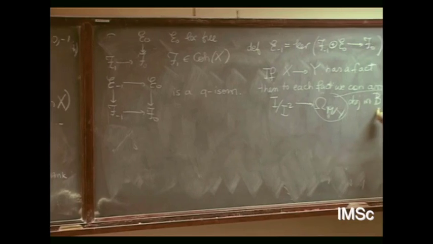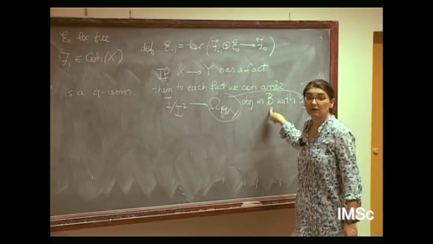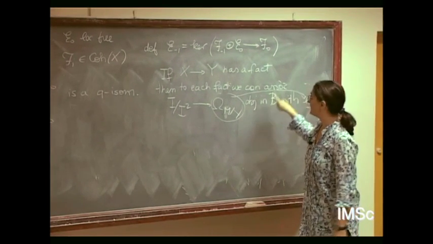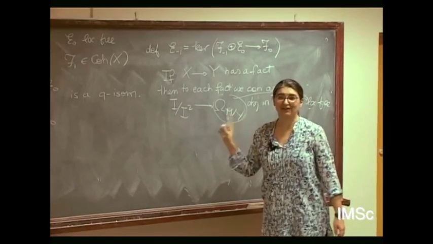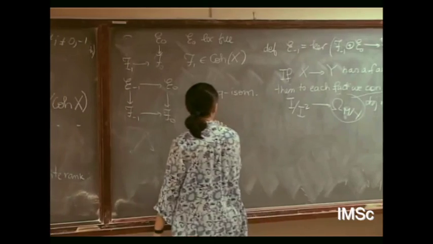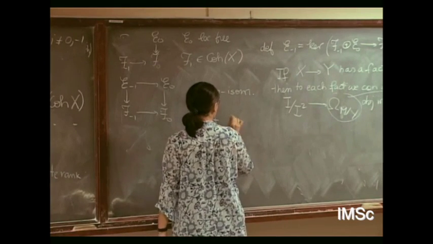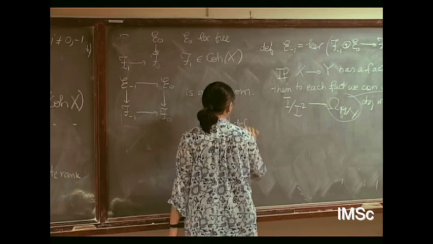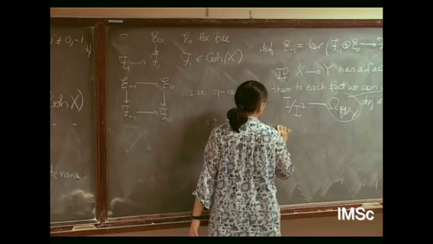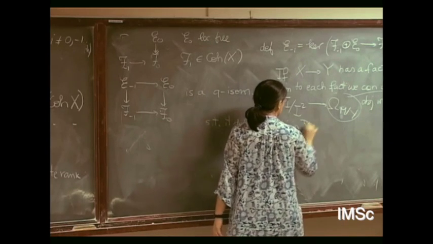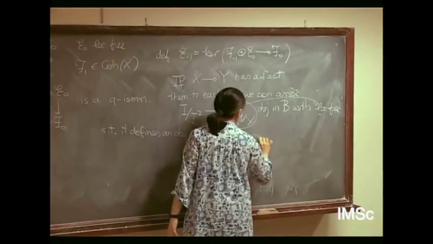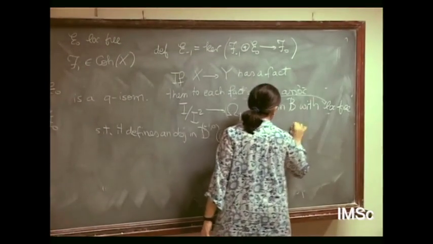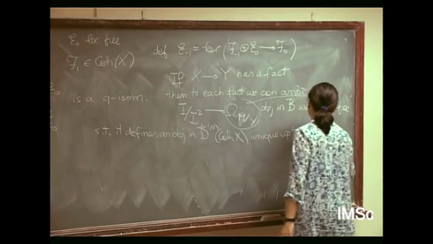So to each factorization, we associate an object in B. Why is it independent of the factorization? In B itself? No, I said in B. And then what I just said and didn't write is that it defines an object in D minus 1, 0 of Co-X, which is unique up to canonical isomorphism.